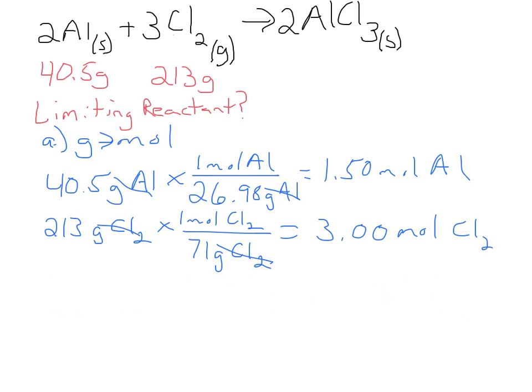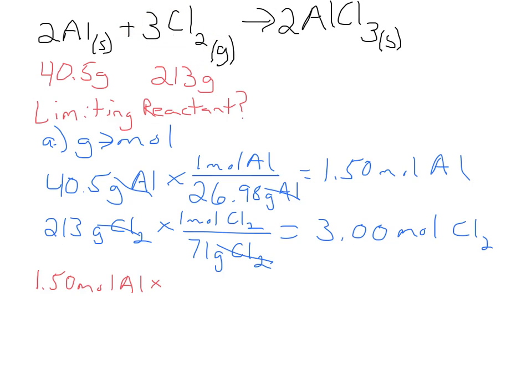Alright, so in order to convert the moles of aluminum, reactant number 1, we have 1.50 moles of aluminum. We want to convert this to moles of reactant number 2, which is chloride gas. The way we can do this is through stoichiometry, because what we're told is that for every 2 moles of aluminum, we have 3 moles of chloride gas.